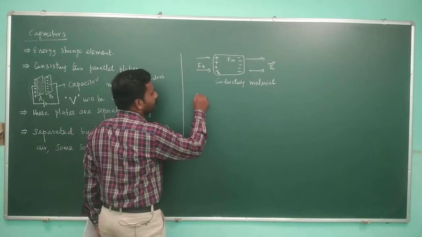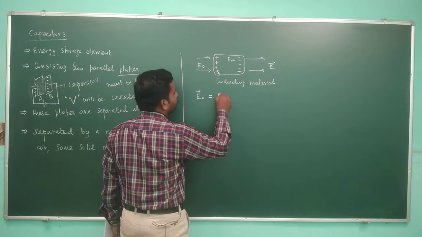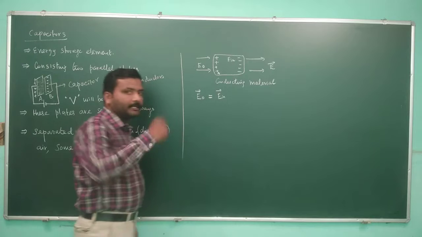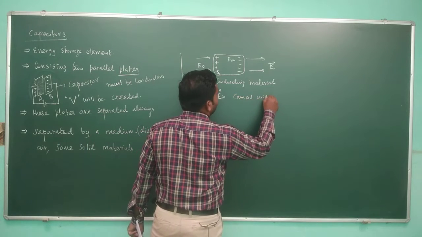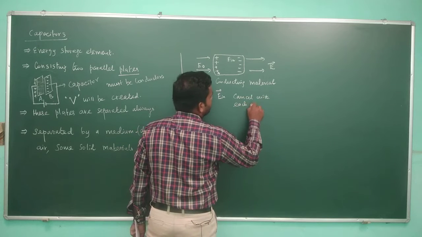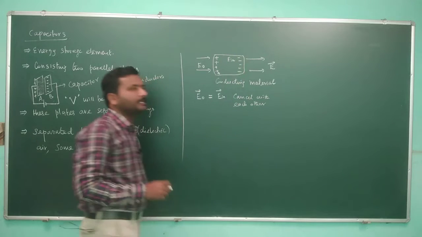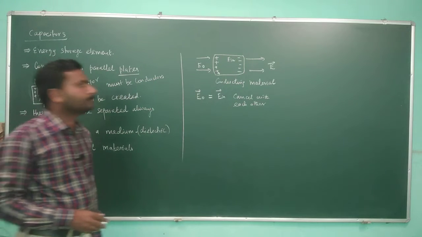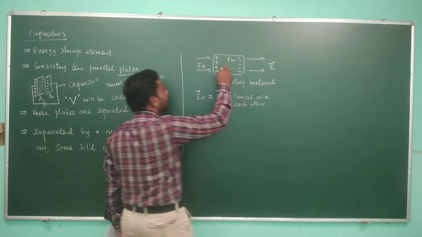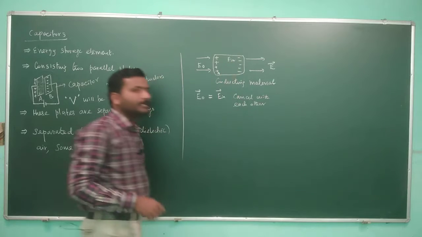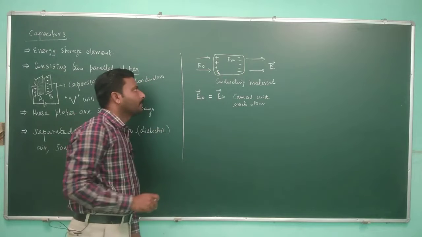The external field is equal to the internal field but in the opposite direction, so they cancel each other, so the net electric field within this conducting material is 0.